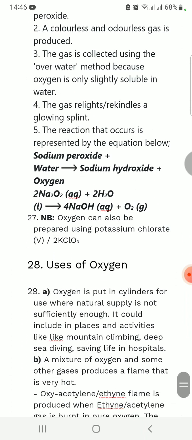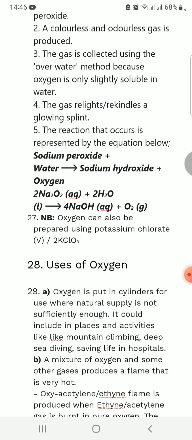The gas is collected over water because we already said that oxygen is slightly soluble in water. That's why it is easily collected over water. For the confirmatory test, again we use a glowing splint. You take it to the mouth of the gas jar, then it rekindles.